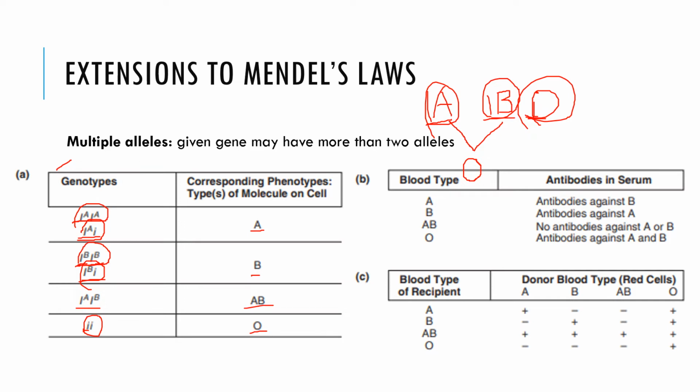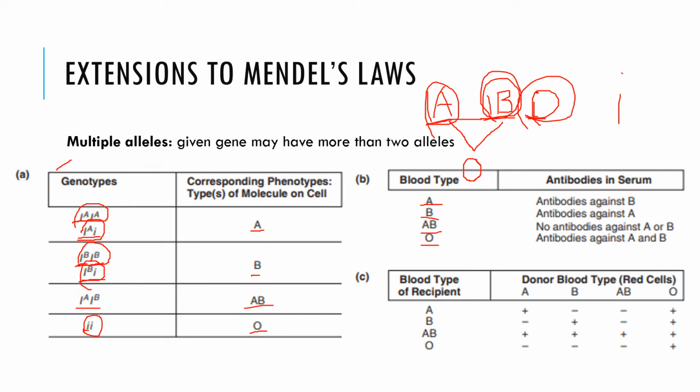In our example, this one is completely dominant to O, but it is called codominant with B. Given this dominance, the 6 genotypes possible with A, B, and O generate 4 different phenotypes: blood types A, B, AB, and O.